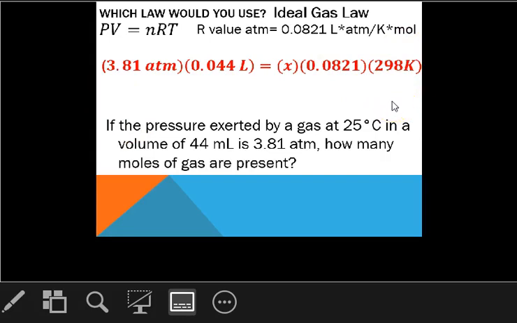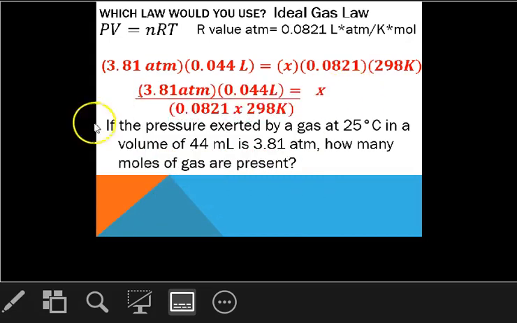Whenever you divide by 2 numbers that you must multiply first, they have to be in parentheses. So that's going to equal x. So it's these numbers and then divided by those two numbers multiplied together in parentheses. You come out to 0.0069 moles of whatever this substance is.